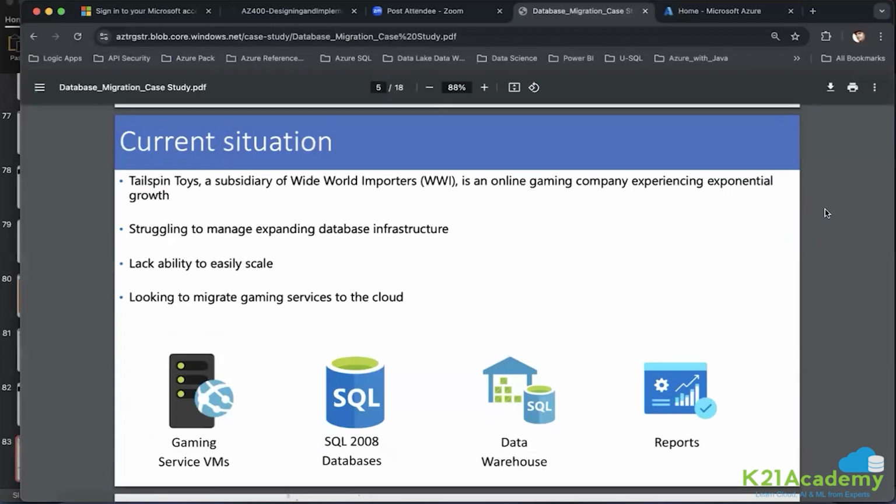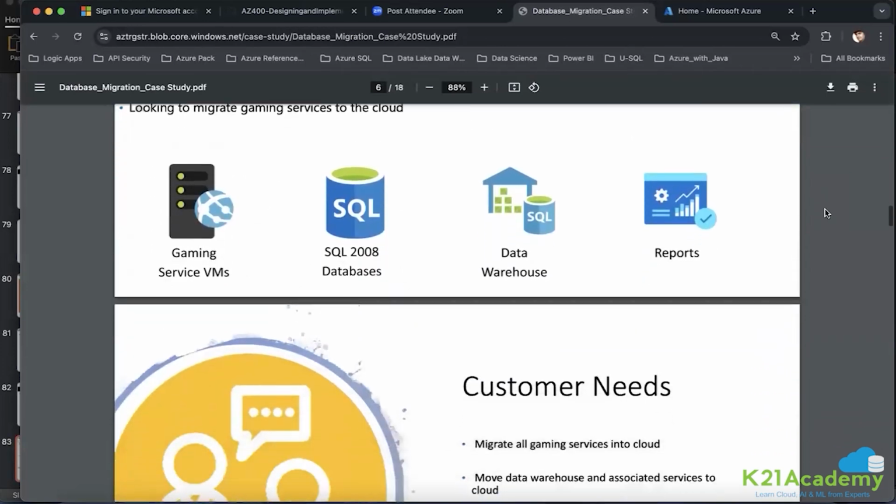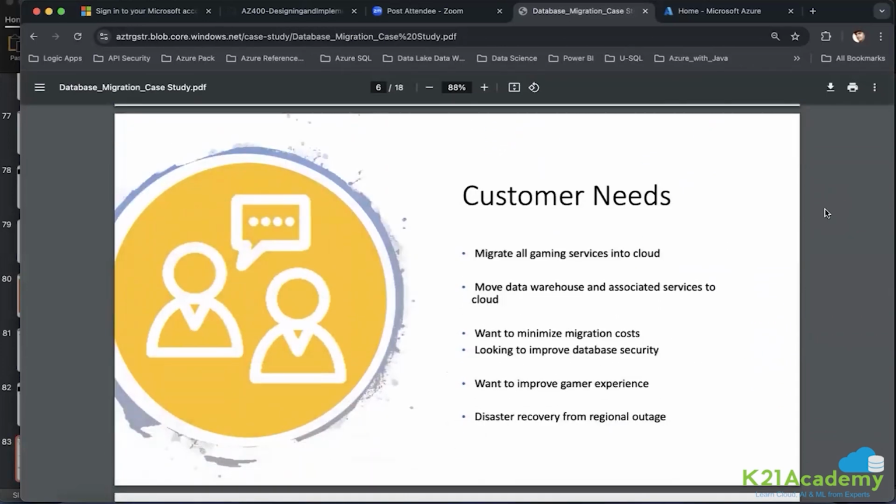These are some of the core components they had on-premise: gaming servers, SQL Server 2008 database servers, data warehouse, and reporting components they were planning to migrate. In this scenario, the customer needs are: migrate all gaming services into the cloud, move the data warehouse and associated services to the cloud, minimize migration cost, improve database security, improve game experience, and disaster recovery from regional outage as well.